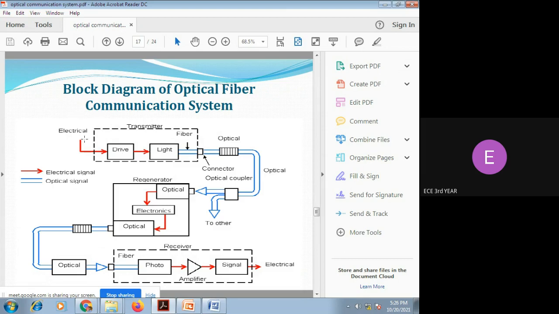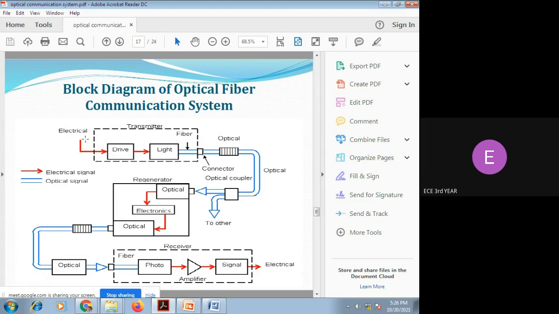In the electrical signal, normally we are transmitting our voice signal, which is a non-electrical quantity. This non-electrical quantity is converted into an electrical quantity using a transducer. The electrical signal is then sent to the drive circuit.